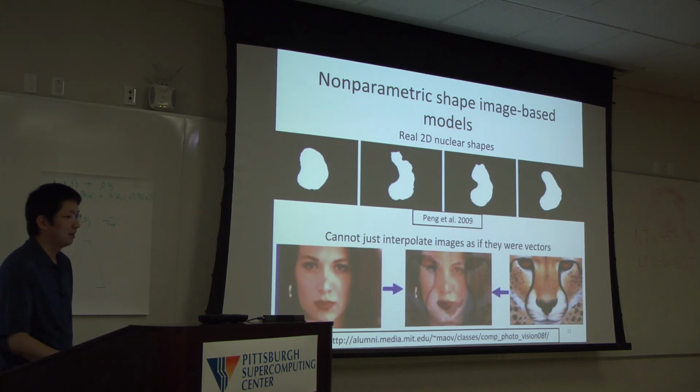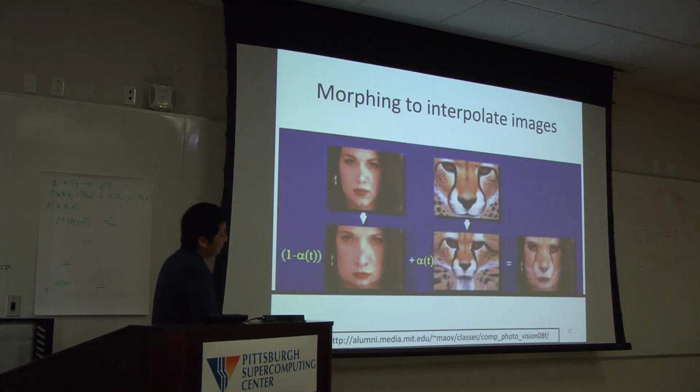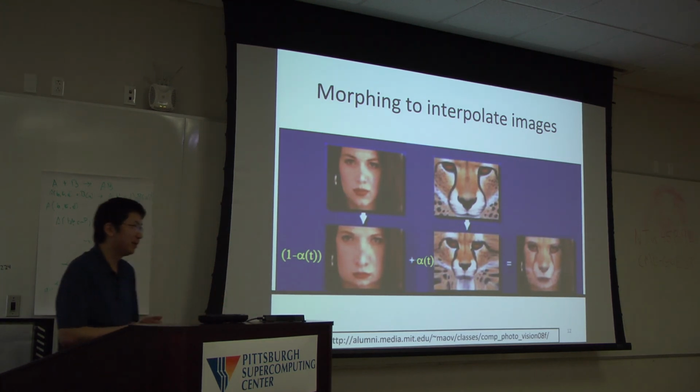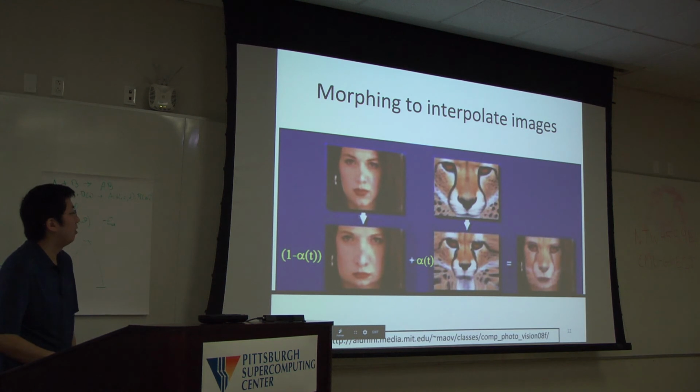So if we use the diffeomorphic method to match these two faces, then it will see how different these two faces are. The face of the lady is smaller, and the face of the cheetah is larger.